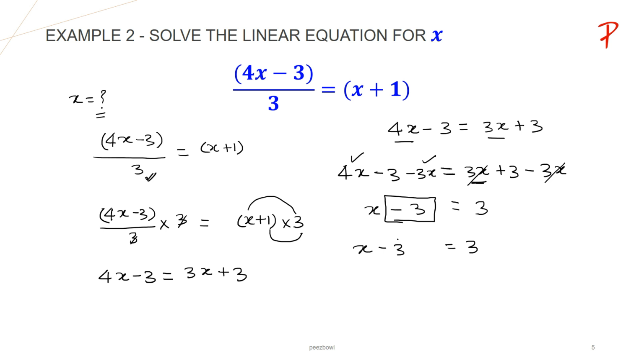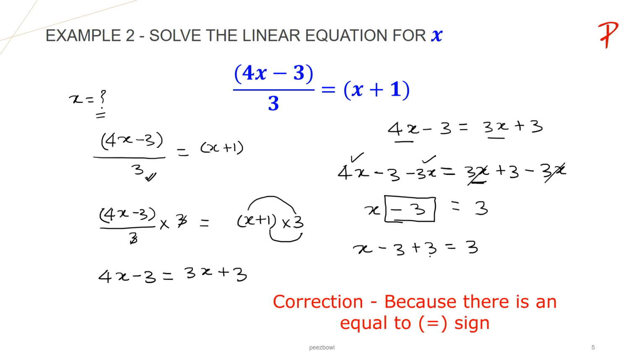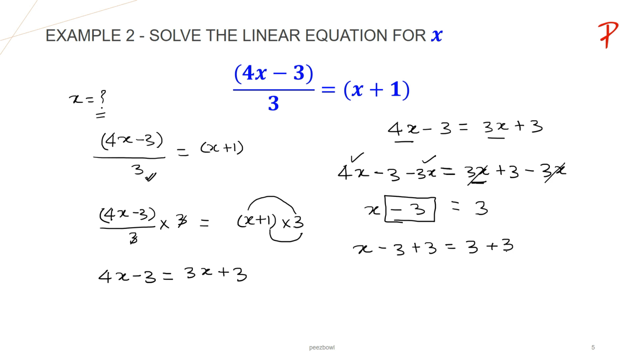Because I have to remove minus 3, I am going to add 3. And because there is a plus sign, I have added 3 on the left hand side, so I have to add 3 on the right hand side as well, right? So this plus 3 and minus 3 will cancel each other, and what we have is x. And this is equal to 3 plus 3 is 6, right? So for this linear equation, we found that the value of x is equal to 6.